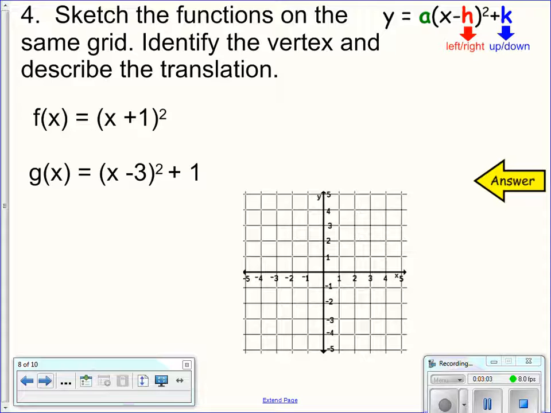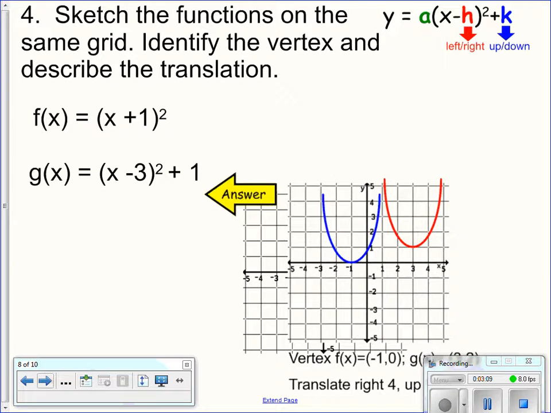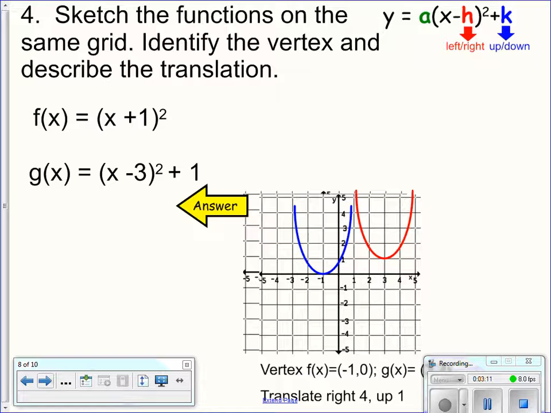So that means it's going minus 3, so that's going right 3, and then it's going up 1. So we graph both of those. And we can see that the blue one went left 1, and the red one went right 3 and up 1. So my total change is right 4 and up 1.